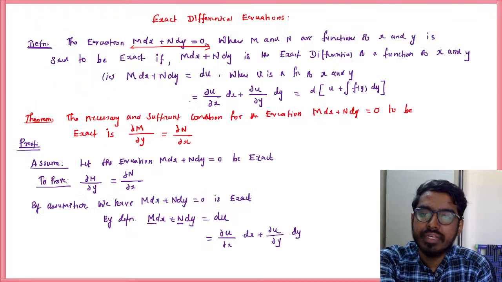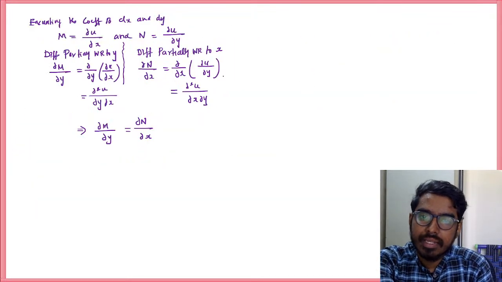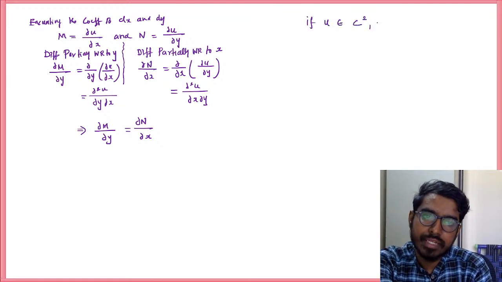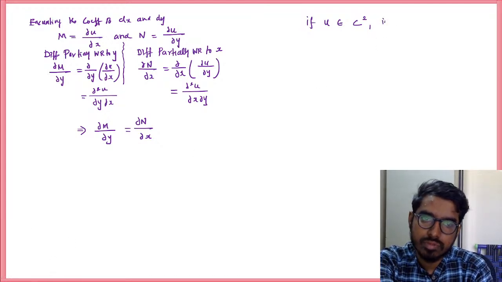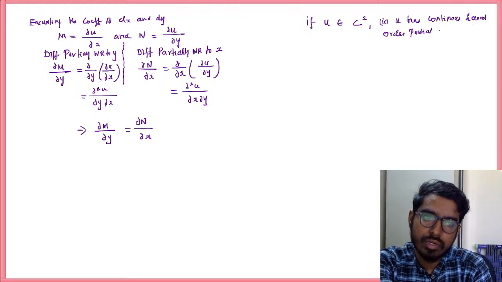Now what is u? U is a function of x and y, and if u belongs to C2, that is, u possesses continuous second order partial derivatives, then ∂²u/∂x∂y and ∂²u/∂y∂x are equal.